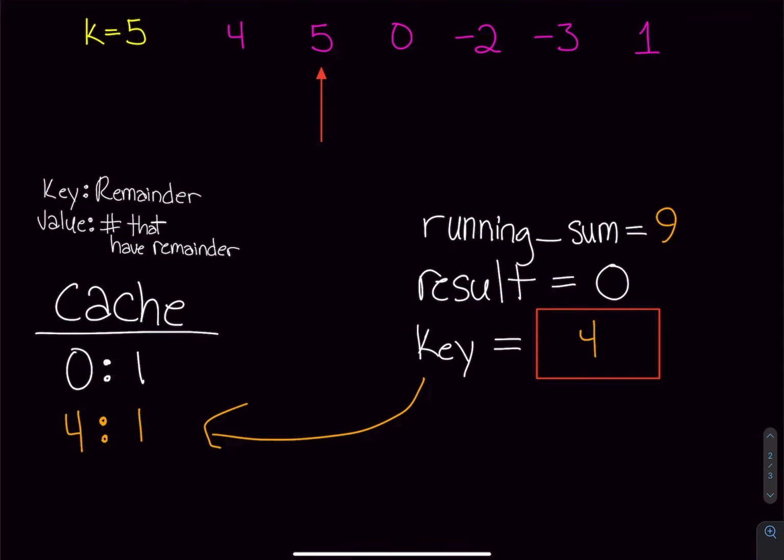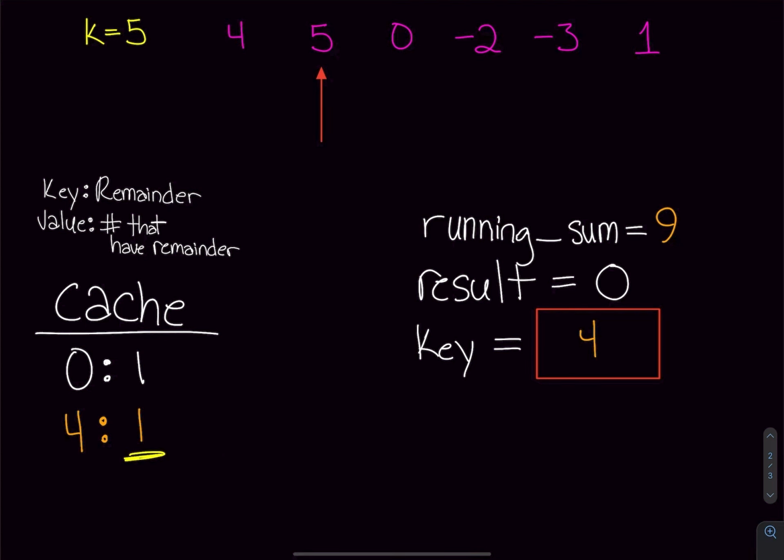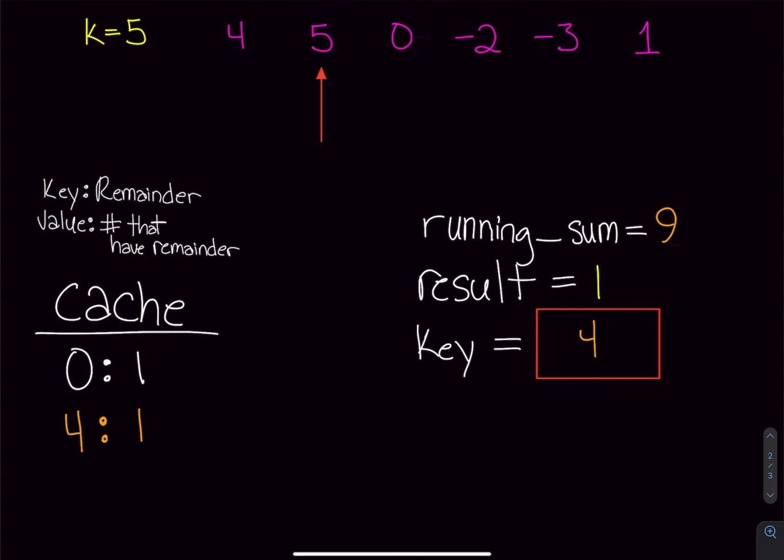Because of that, we're going to take the value from our caching system and add that to our result. So our result is going to be 0 plus 1, which is now 1.